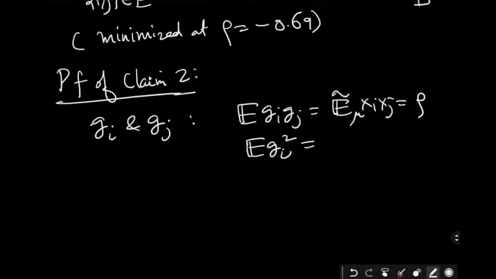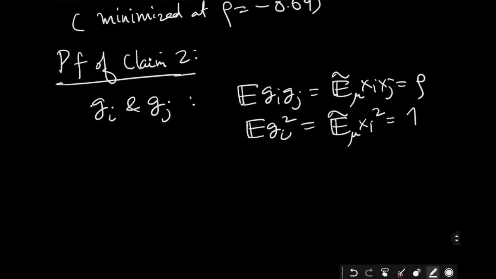Just to convince myself that you are all here and paying attention, can someone tell me what E[GI squared] is going to be? One. All right, there are lots of ones in the chat, so I'm going to assume that we're all following.